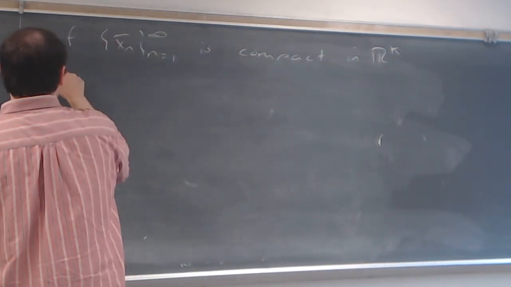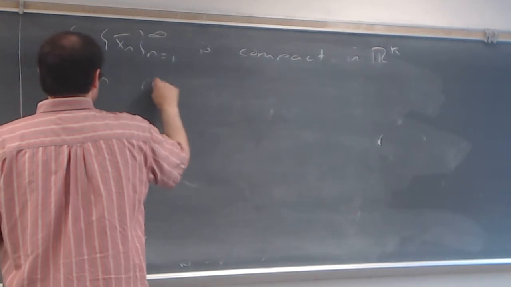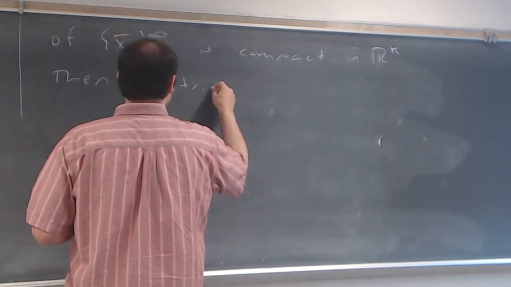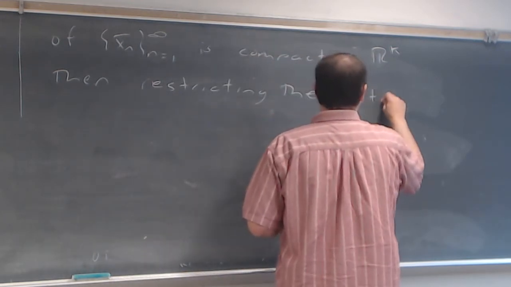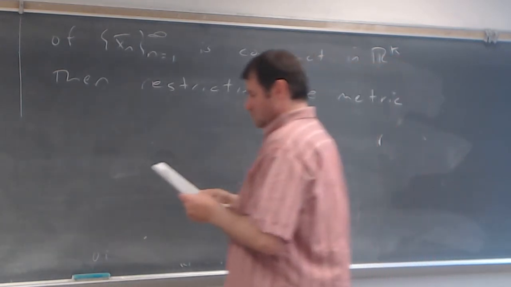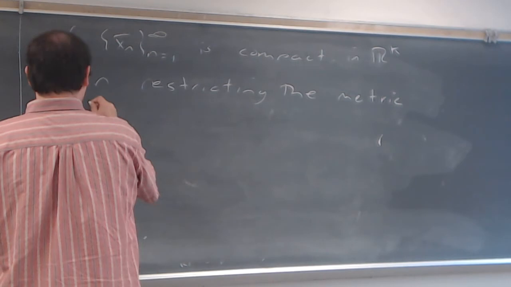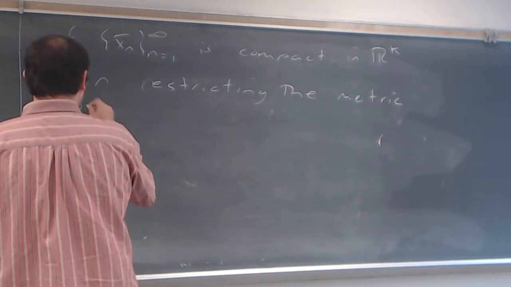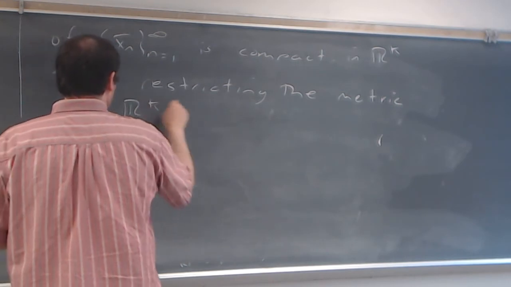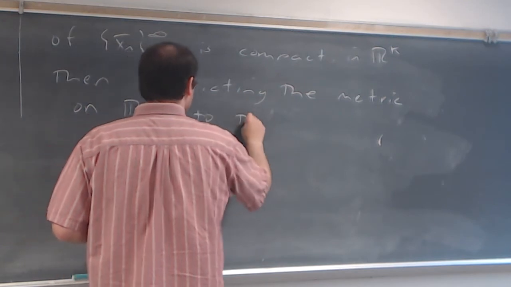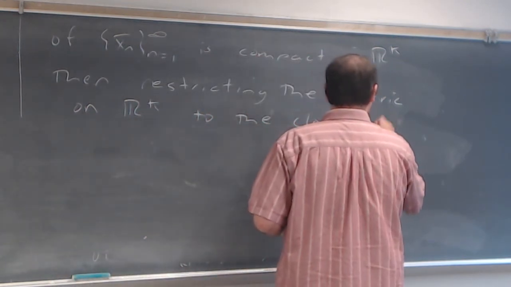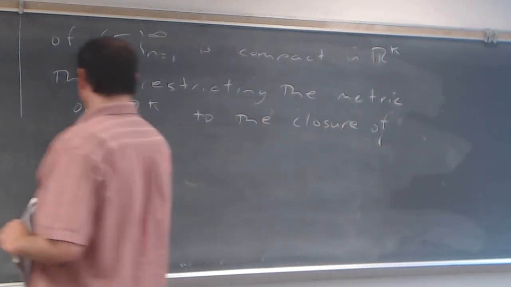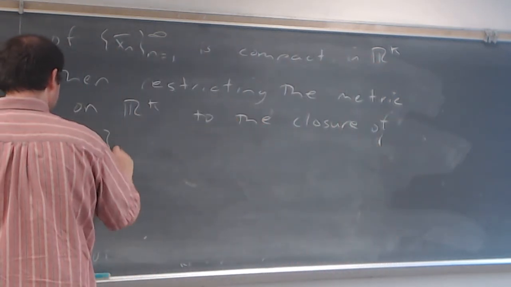So what we do is, we restrict the metric on R^k to the closure of the x sub n.